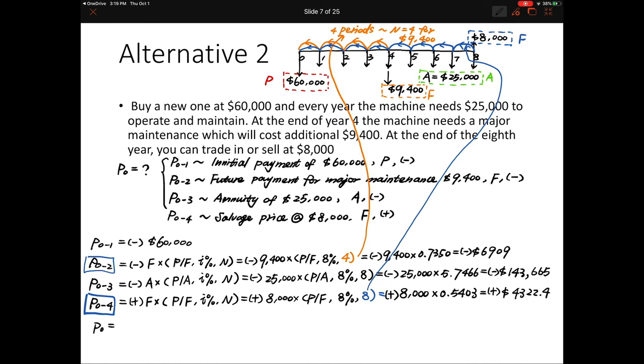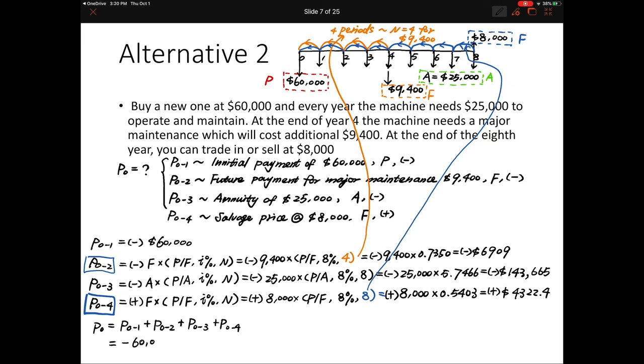So the final result for part 4 is going to be 4322.4. Now your P0 is going to be the sum of the 4 parts: P01 plus P02 plus P03 plus P04.